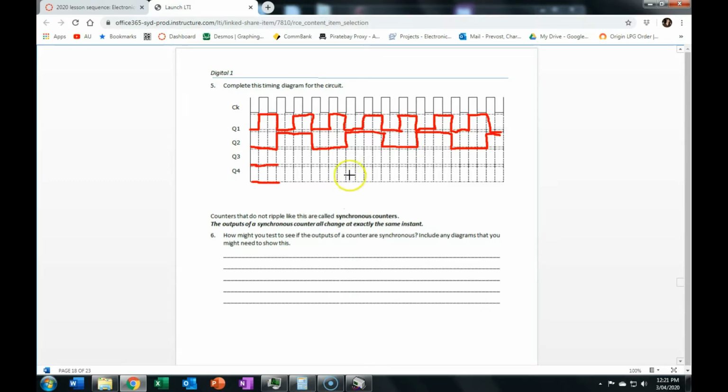Okay. And by the same logic, Q3 is connected in the same way as Q2 is, and so it's going to change only when it gets to the falling edge of Q2. And Q4, same deal.